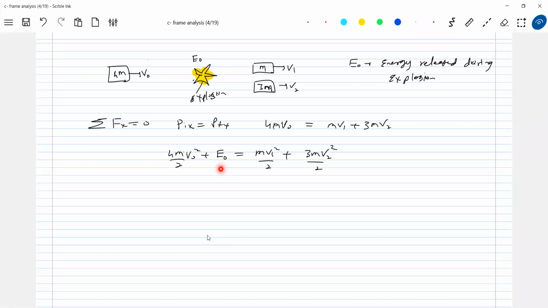So this E0, if the total energy released is converted into the kinetic energy of fragments, then you should write the equation like this. If 1/4 of energy converts into sound, how much will be left over? 3/4. So 3E0 by 4 you have to substitute. It can be that one.